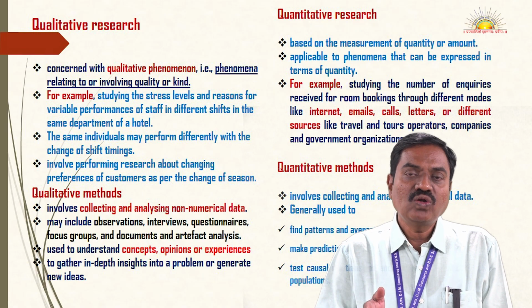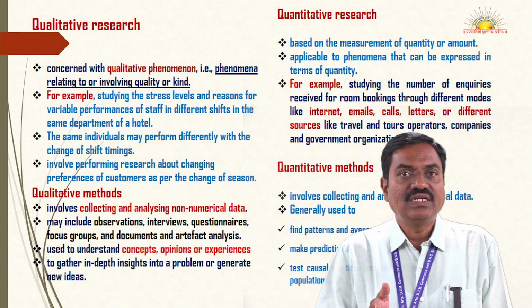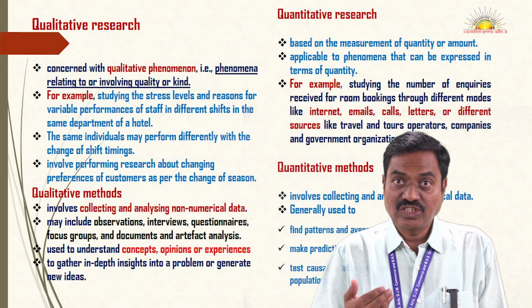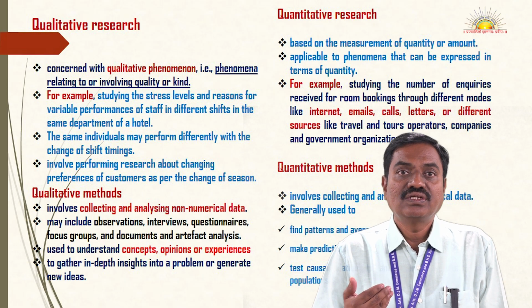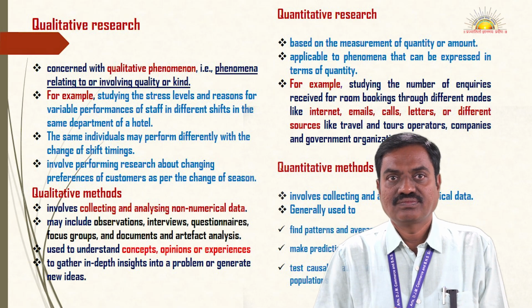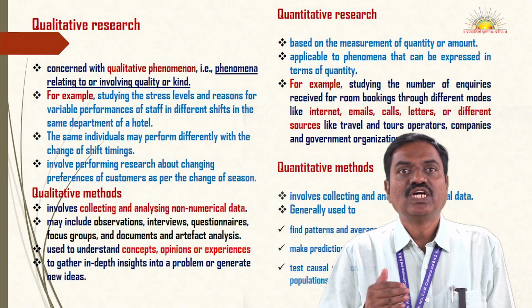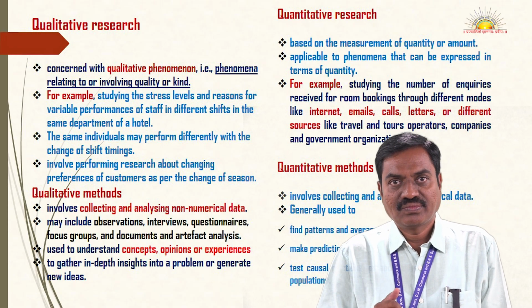It can involve performing research about changing preferences of customers as per the change of season. The next research term that I am going to talk about is qualitative methods.